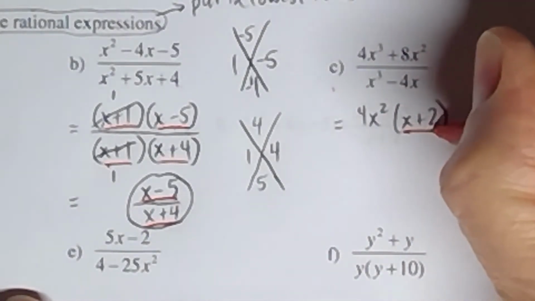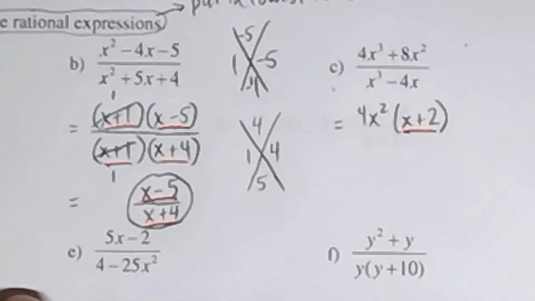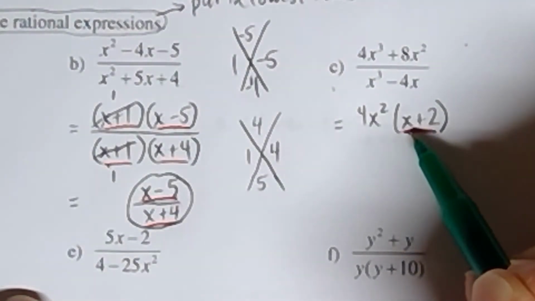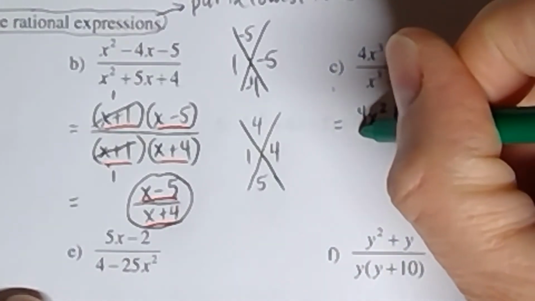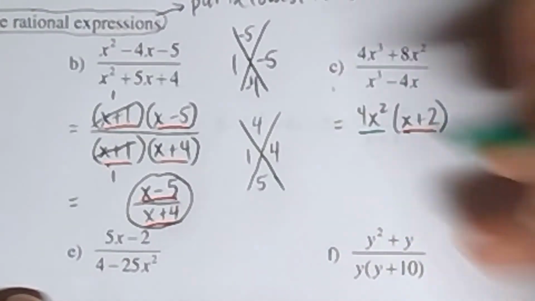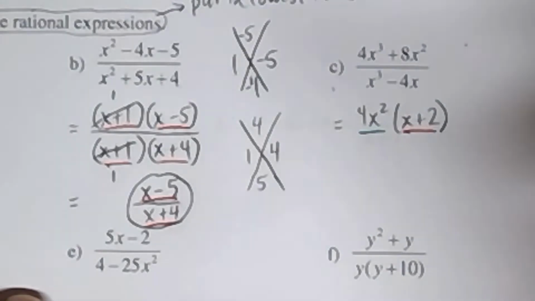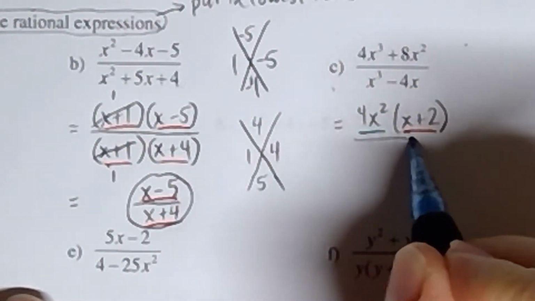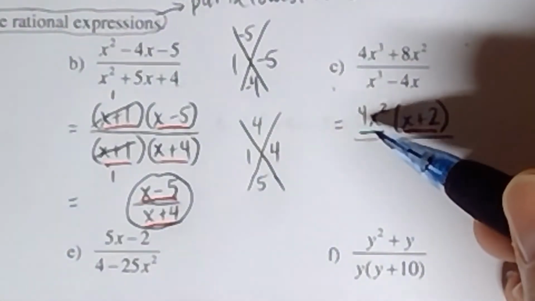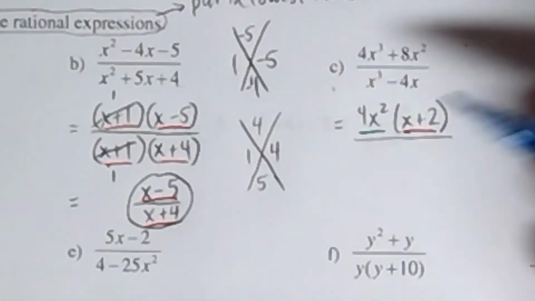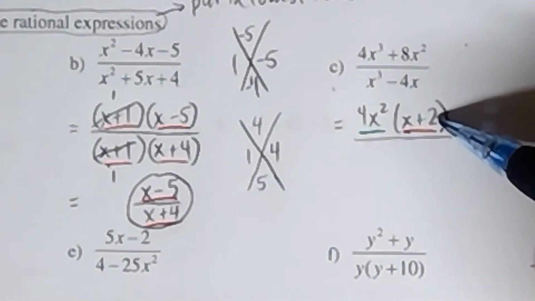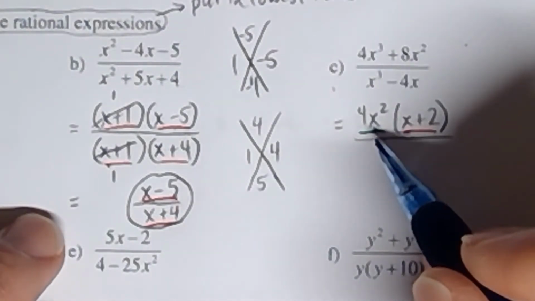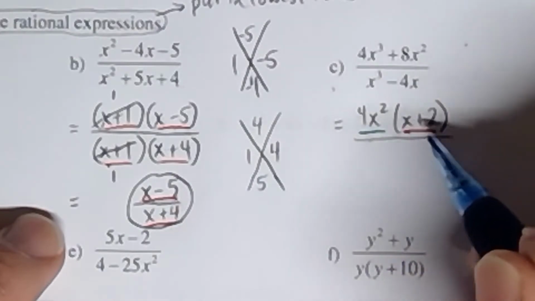It's not one of those ones where you get two brackets after you do the GCF because it's got two terms with x to the first power. Whenever you got a GCF times a bracket, we saw this in 5.7, that's a green times a red because the green factors are always the single term factors. The red ones, of course, are the ones that are more than one term. So red times green when you have a GCF times a bracket.